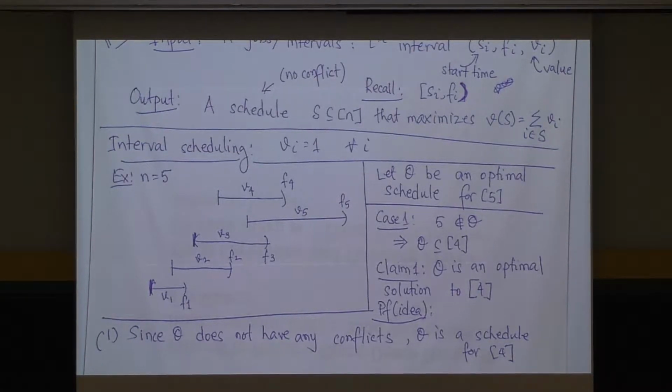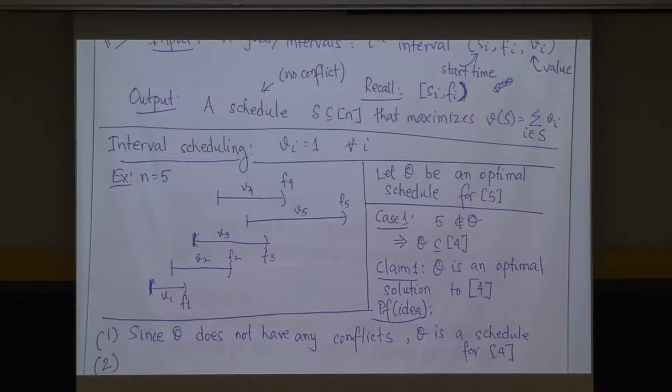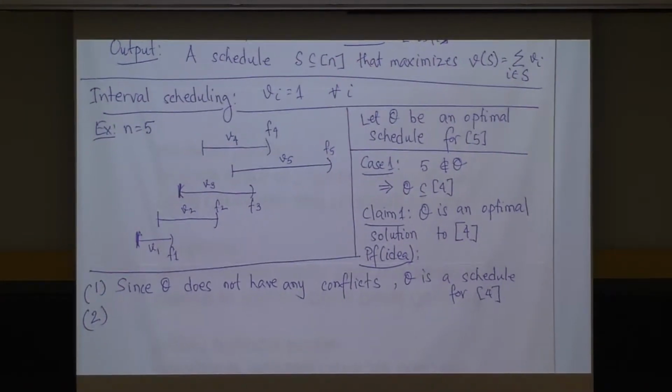So now what we want to argue is not only is it a valid solution, but it has the largest possible value. And to argue that, we'll do a quick argument by contradiction.